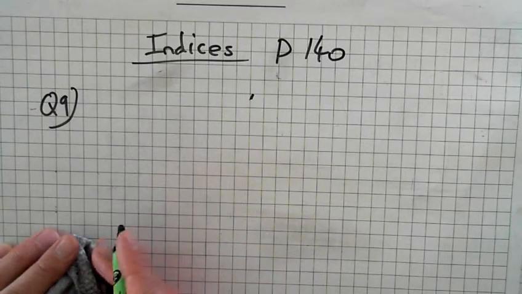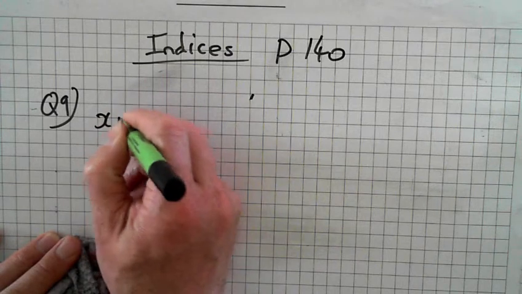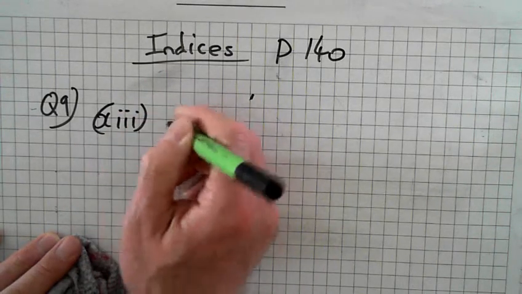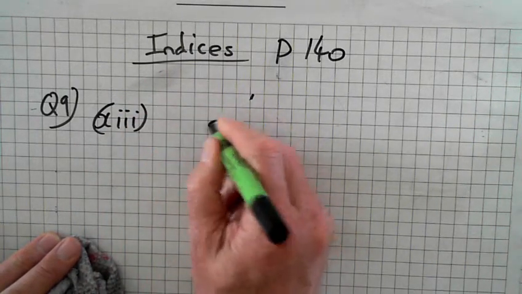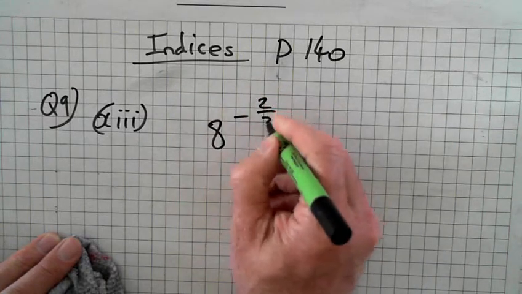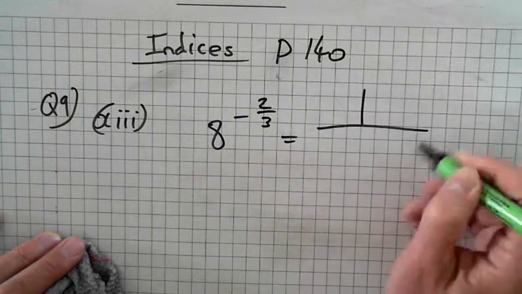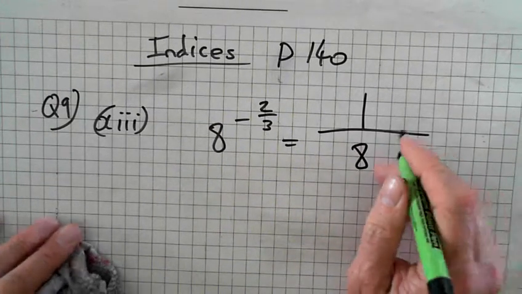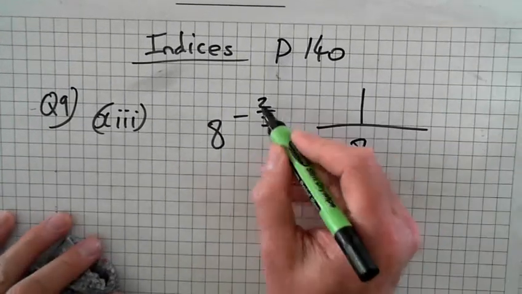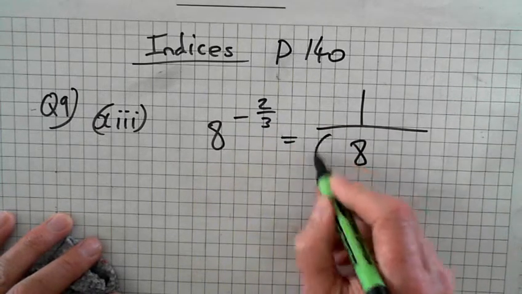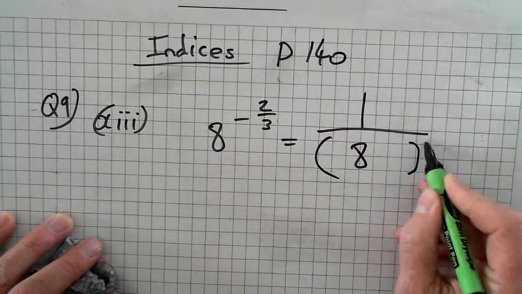So part XII, we'll do another one. So 8 to the power of minus 2 over 3. So the minus, first of all, means 1 over. And 8, first of all, we'll do that. The 2 on top means squared.